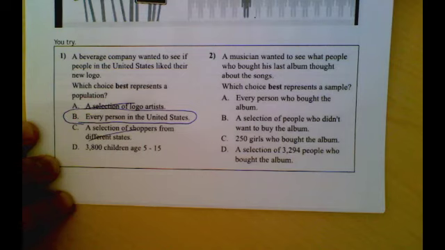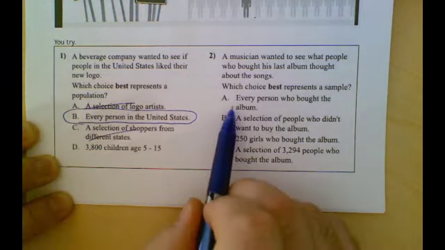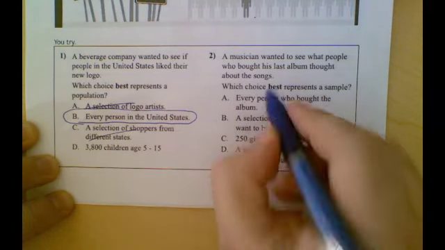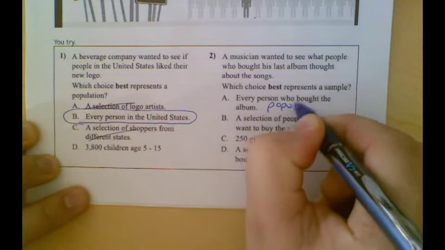In number 2, a musician wanted to see what people who bought his last album thought about the songs, and which of these is the best example of a sample. So the first option is every person who bought the album. This would be like a population.